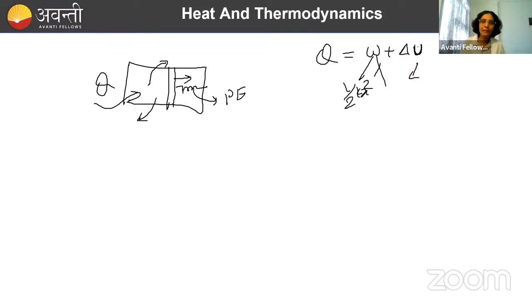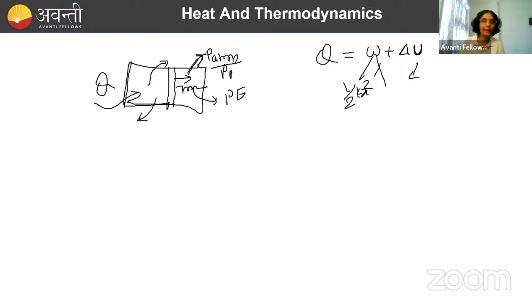Similarly, we can look at this differently. This compartment is expanding, and at the same time the other compartment is getting compressed, and I have said the pressure there is constant, equal to P atm, the same as P1.